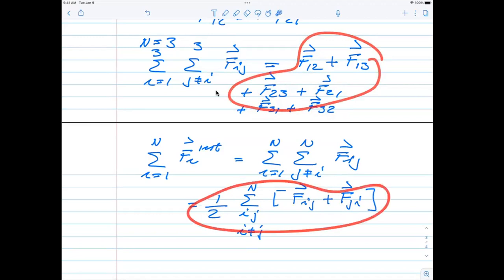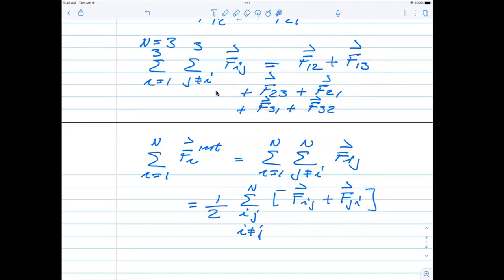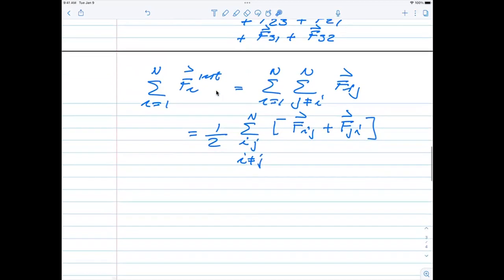This is essentially just a rewrite of that. And these forces are opposite to each other. We have a factor of a half in order to avoid double counting, obviously. And this is something which we can then rewrite in terms of the following expression. So if we take away the factor of a half, we can rewrite this.